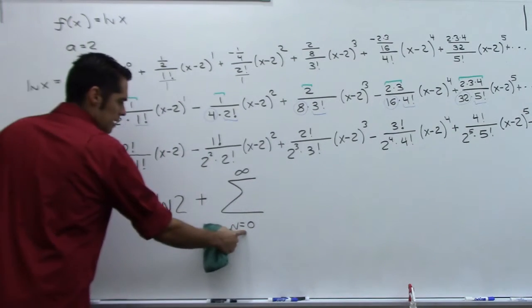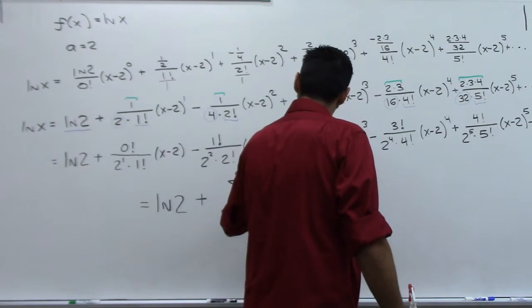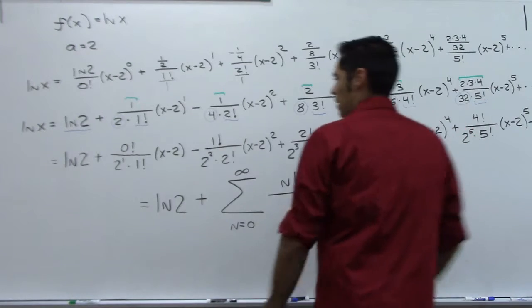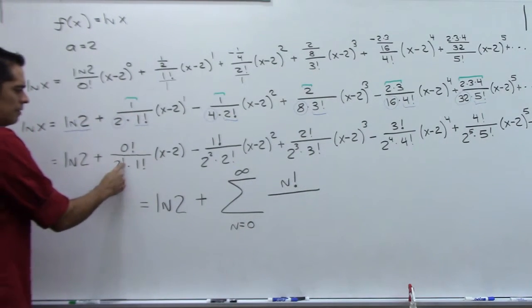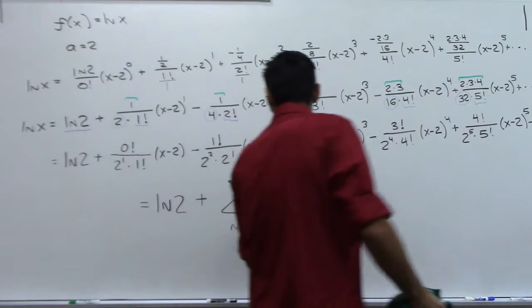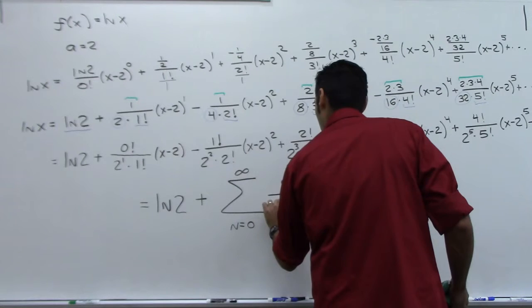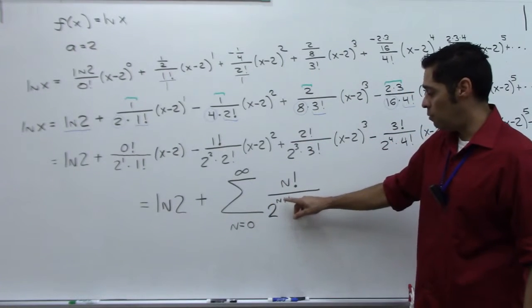If I'm starting at n is 0, then it's going to be n factorial on top. 2 to the first power: if I'm starting at n equals 0, that needs to be 2 to the n plus 1. So when I plug in 0, I get 1 here.